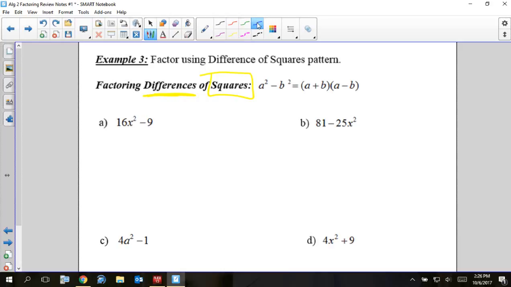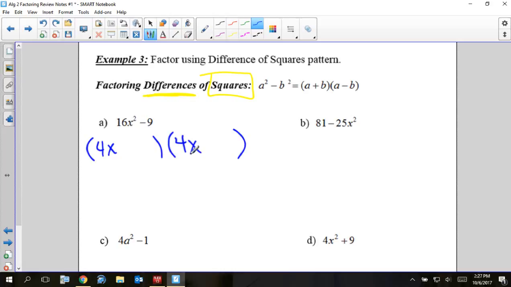So when I look at the first one, 16x squared minus 9, I want to make sure that this is a difference of squares. Is 16 a perfect square? What times what is 16? 4. And what about x squared? X times x. So 4x times 4x is 16x squared. And then the last term is 9, and 9 is a perfect square also. And it is subtracting 9.